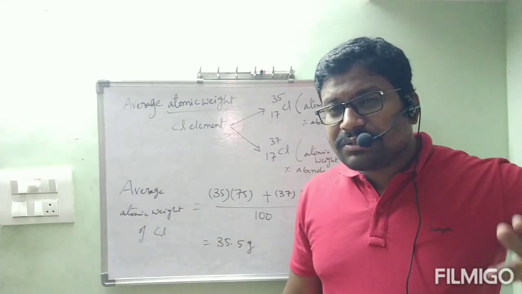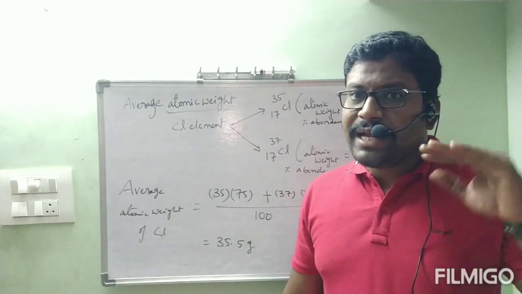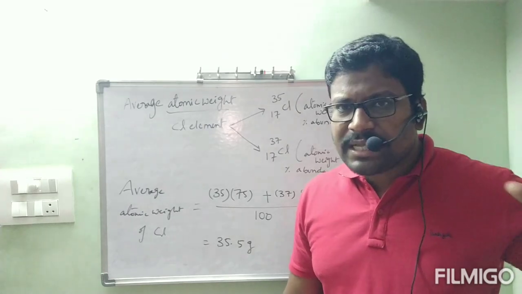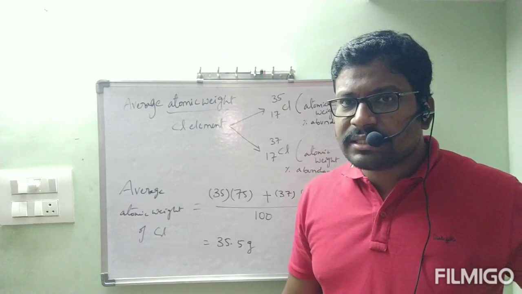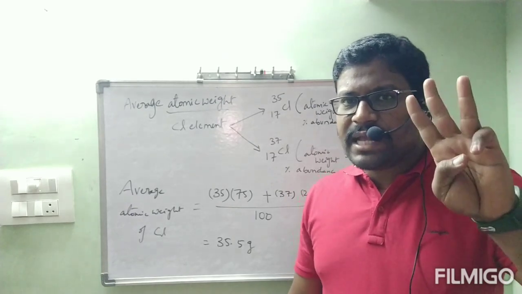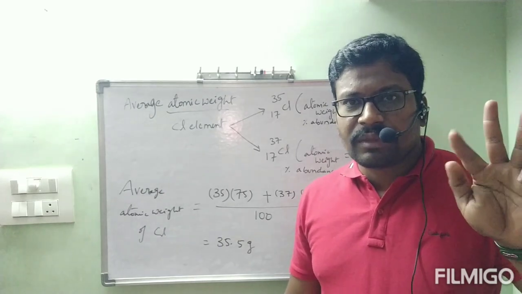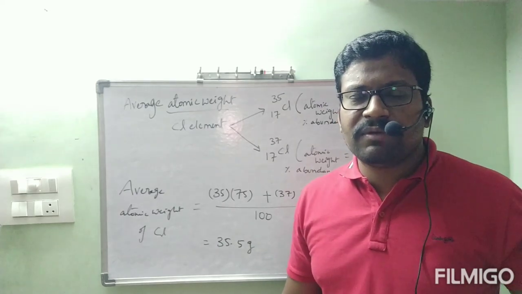Other elements also contain isotopes. Chlorine has 2 isotopes. Like that, hydrogen has 3 isotopes, helium has 2. Like that, every element has isotopes. Suppose let us consider hydrogen. Hydrogen has 3 isotopes. First isotope itself 99%, second isotope 0.5%, third isotope 0.5%.